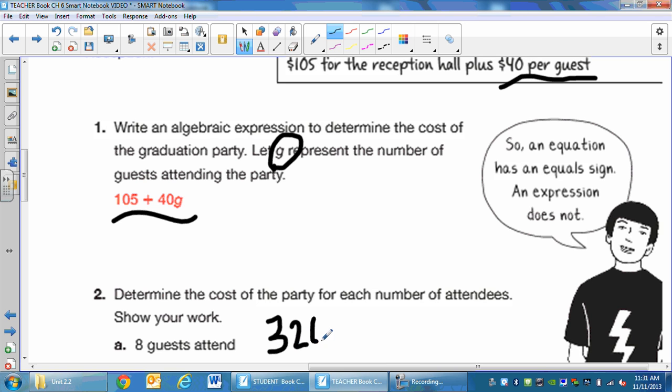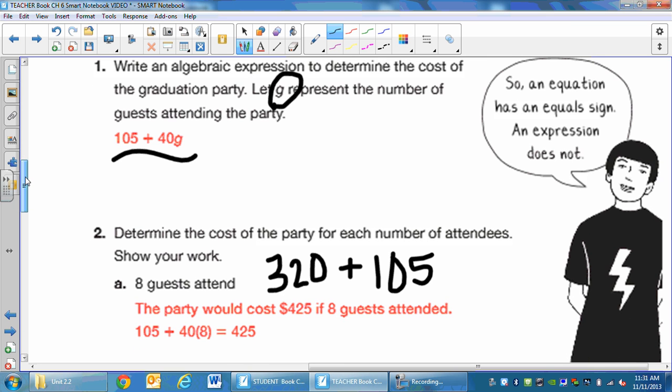So I have 320. And then plus, if I want to have the party, I need the reception hall, and it was 105. And that would be a total of 400 and what? Go ahead and write it down. $425. So just for 8 people to come, it's going to be $425 because there's a big fee there to rent the hall.